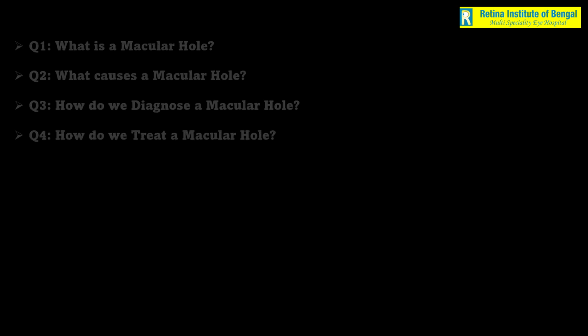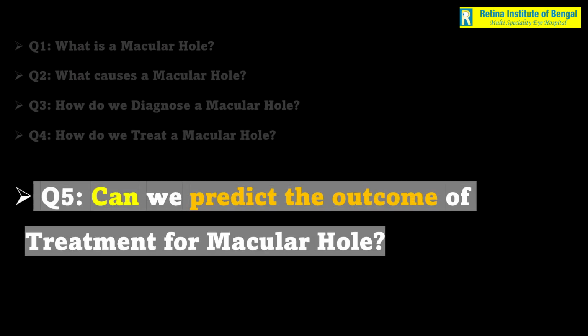So that brings us to the last question. Can we predict the outcome of treatment for macular hole? From stage 2 macular hole onwards, we basically treat, and the treatment is surgery.